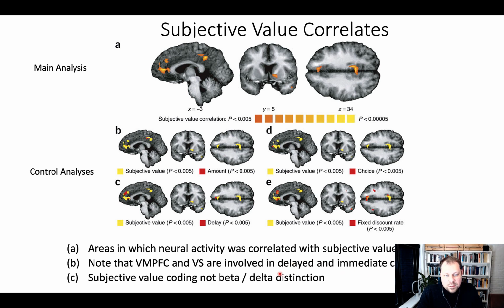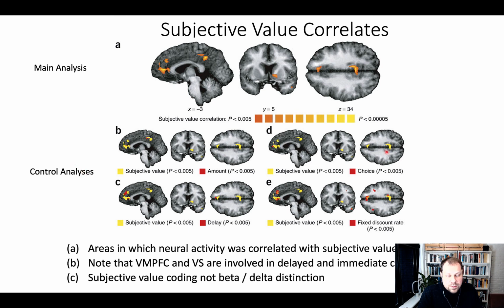So it doesn't matter whether there's a sooner smaller reward. If you compute subjective value, then these regions actually track the subjective value across all trials, those that have immediate outcomes or immediate choices and those that have delayed choices.